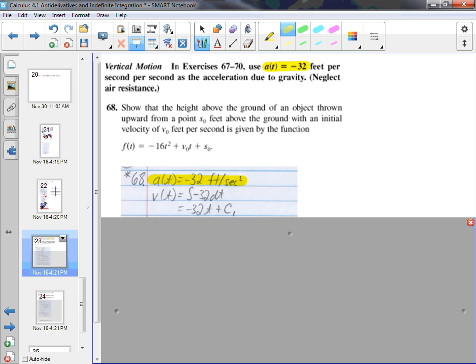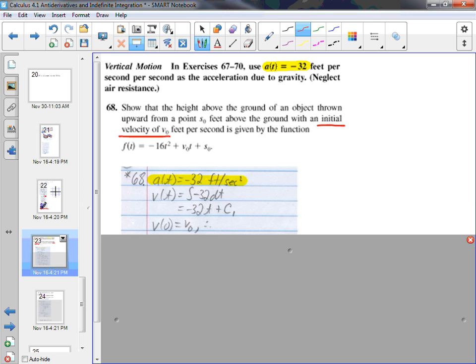Now, they tell us that the initial velocity is called v0. Initial velocity means the velocity at time 0. So when time equals 0, whatever the velocity is, that's the initial velocity. Our initial velocity isn't a number, it's v0. So velocity at time 0, v of 0, equals v0.